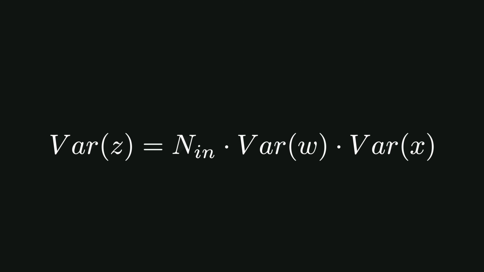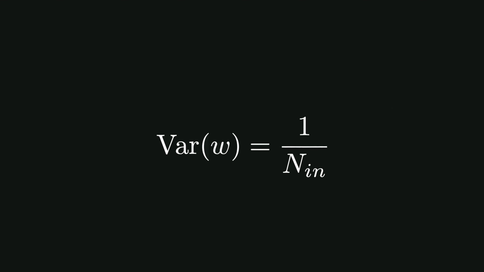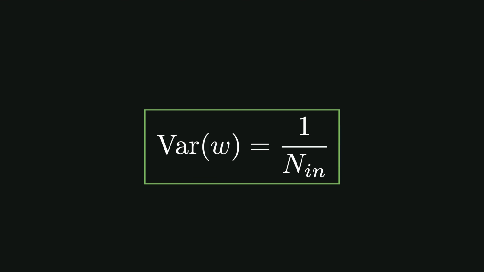This means that the total variance of z depends on how many inputs are coming into the neuron and the variance of both the weights and the inputs. Since we want the variance of weighted sum z to be roughly the same as the variance of the input x, we can set them approximately equal and get that variance of the weights to be 1 over n in.